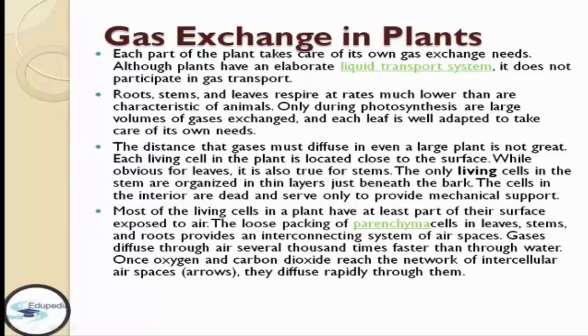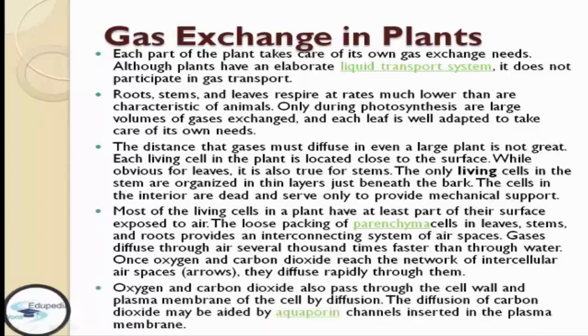Gases diffuse through air several thousand times faster than through water. Once oxygen and carbon dioxide reach the network of intercellular air spaces, they diffuse rapidly through them. Oxygen and carbon dioxide also pass through the cell wall and plasma membrane of the cell by diffusion.